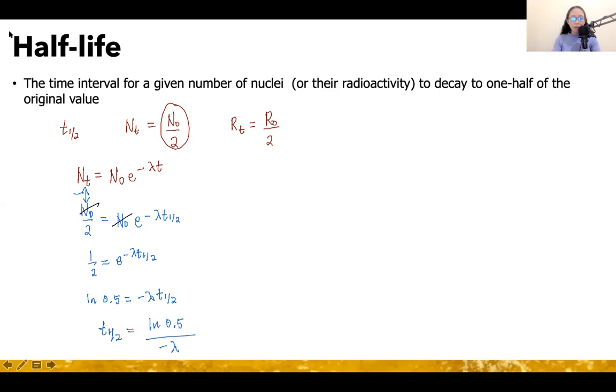Now, ln of 1/2 is approximately negative 0.693. So we have negative 0.693 over negative lambda, and we can cancel out the negative sign. We now have an equation for half-life: t1/2 equals 0.693 over lambda. This is our equation relating the decay constant and the half-life.